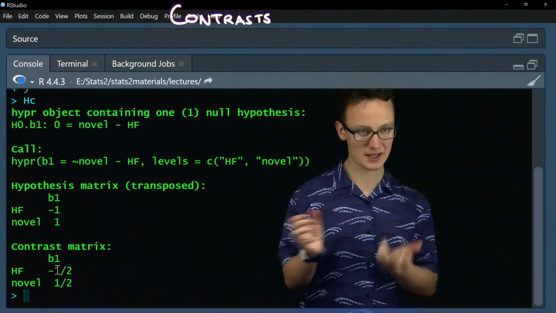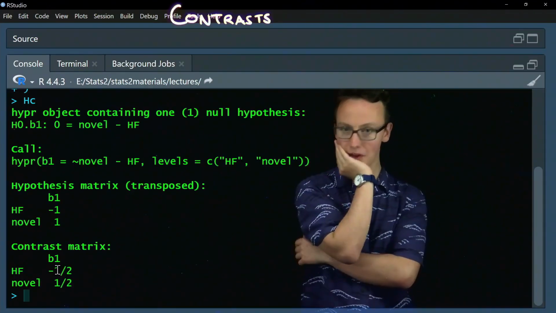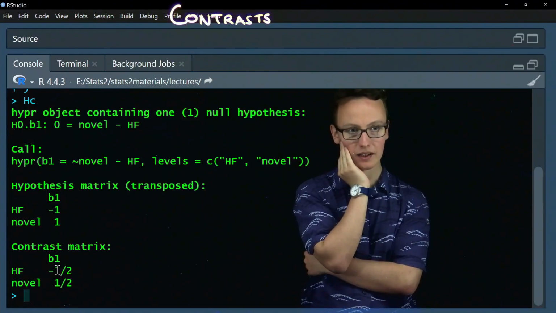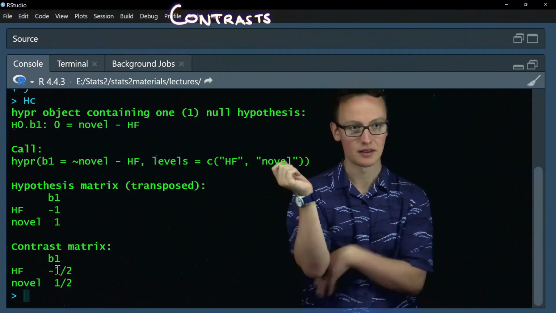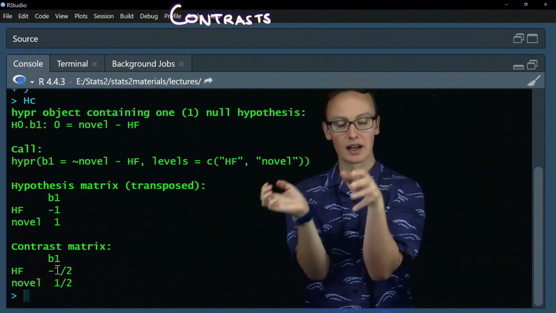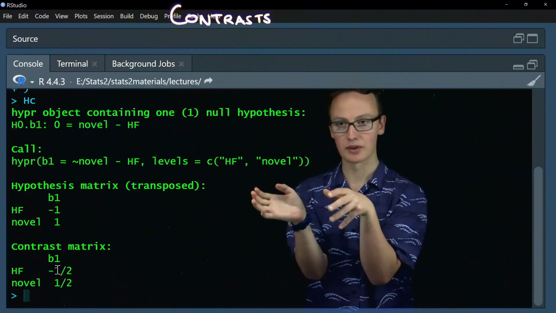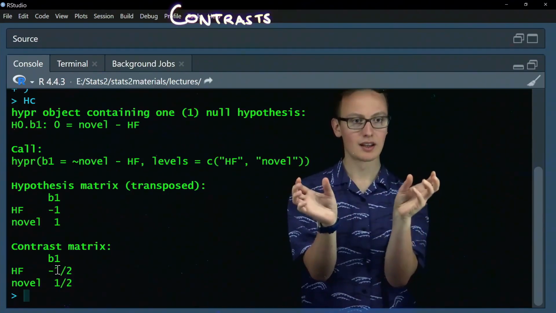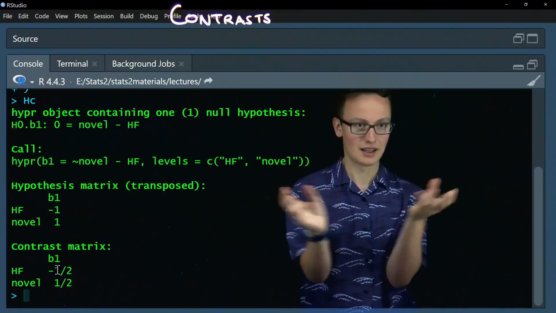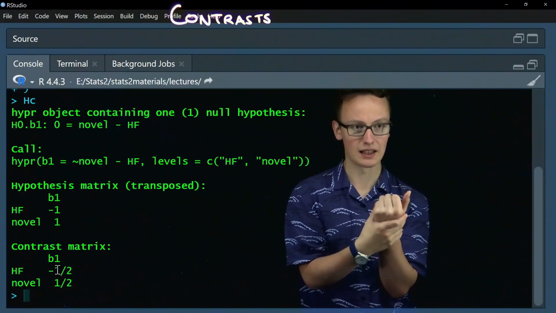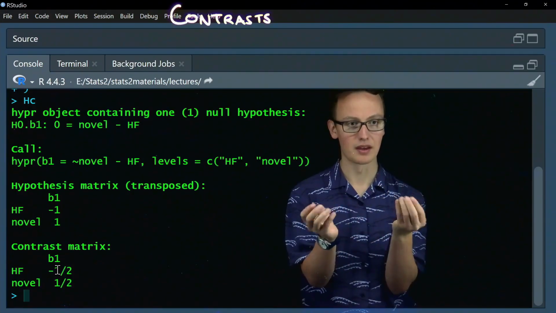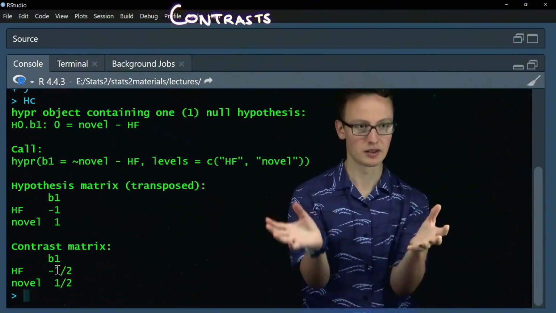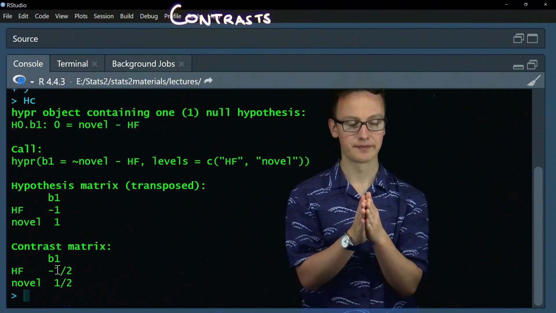Right? And in a way it makes sense that we get a scaled sum coding out of this, because we did define beta here as the difference between highly frequent versus novel, or the other way around, novel minus highly frequent. And that is exactly what we expect under scaled sum coding, right? That we want to have the coefficient beta represent the effect magnitude, that is the difference between the two conditions.